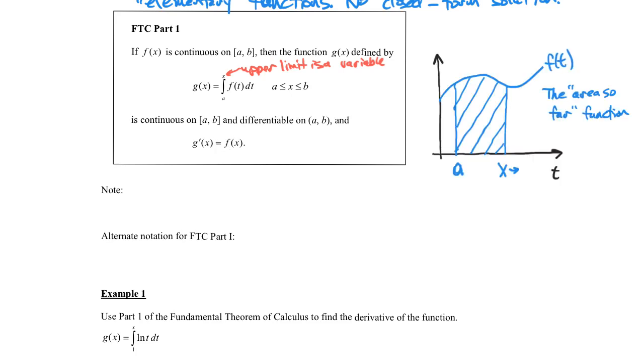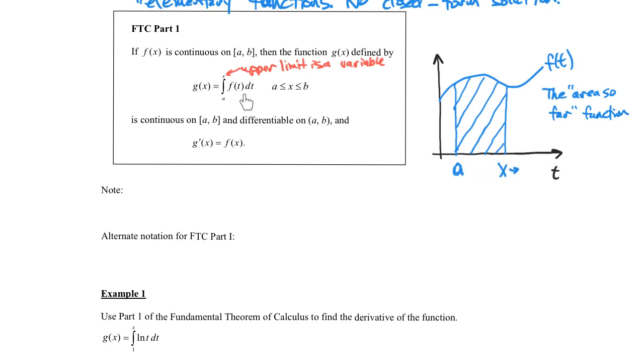So there's a picture here showing what this is saying. g of x is this integral, but the upper limit is a variable. So it's the integral of f of t, where t is the independent variable. Here's f of t, and think of this x as sliding along here. Sometimes it's called the area so far function because since this is a variable, it can slide along here.